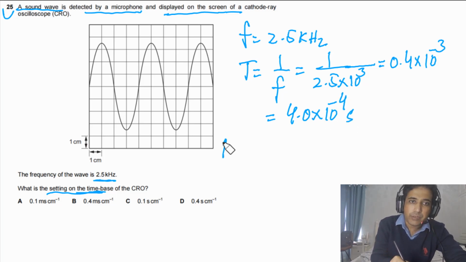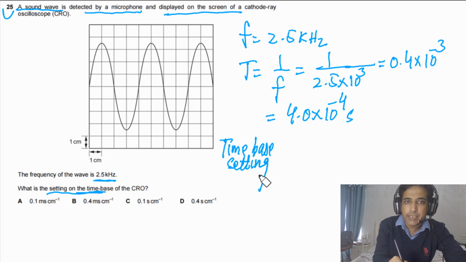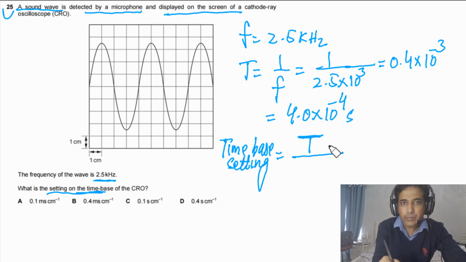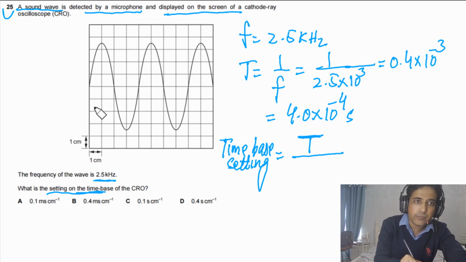Now we need to determine the time base setting. Time base setting simply is equal to time period divided by reading on CRO. The reading on CRO, we can see here, this is 1 centimeter.